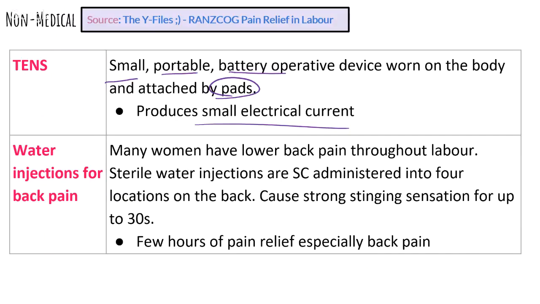So into those 4 quadrants, for the first 30 seconds, it has a strong stinging sensation, so it is not pleasant at all. And then after that for a few hours, it gives you relief. I'm not sure how good the evidence actually is for water injections, but regardless, it is on the guidelines, and that's how you do it, 4 quadrants of the back.